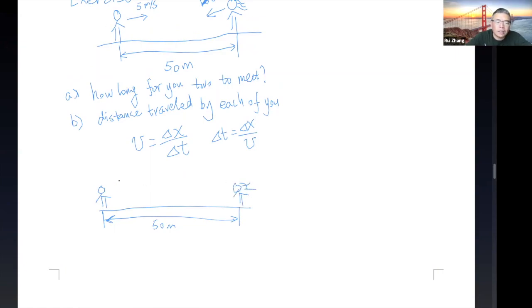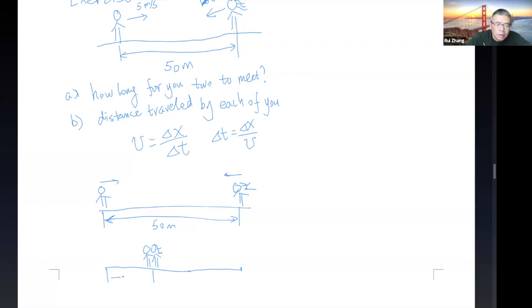At the beginning, they're at opposite ends, but in the end, certainly they're going to meet, somewhere in the middle. This guy is moving 5, this guy is moving 8, so it'll be probably somewhere right here.